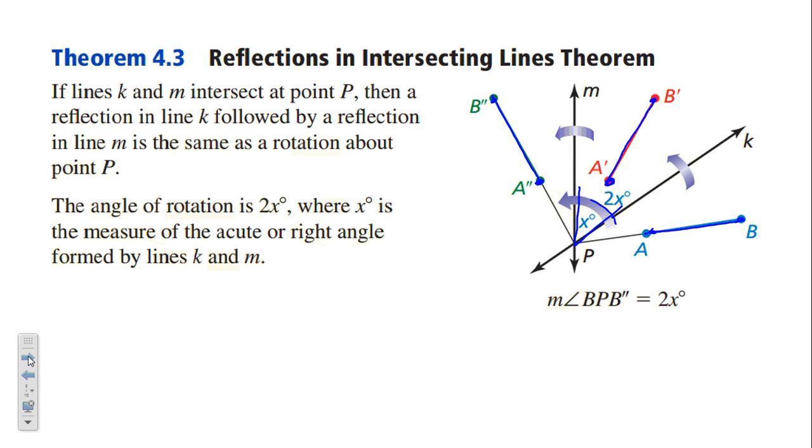So the full rotation is going to be 2x degrees for the whole rotation. Two reflections across intersecting lines becomes a rotation, and it's double the original angle between those two intersecting lines. So let's see an application of it.